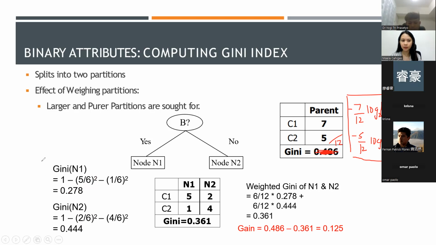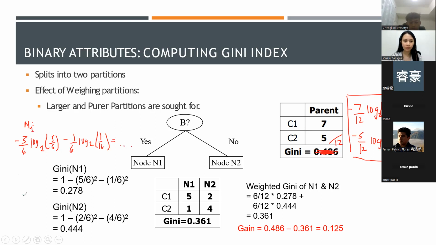So just to put it here, for example, in node 1, we have negative 5 over 6, because the total is 6, log of 5 over 6 base 2, and then minus 1 over 6 log of base 2, also 1 over 6. So your value for N1 will be the value of this one.